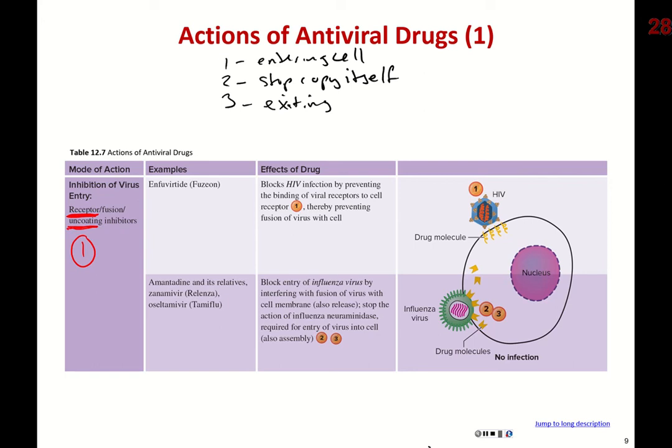Which means that maybe it starts to be brought into the cell, but it won't release its capsid and its nucleic acid. Okay, so some examples here. Tamiflu, you might have heard of before. Tamiflu is specifically against the influenza virus, and what it does is it blocks the entry of that virus so that it interferes with its entry into the host cell.